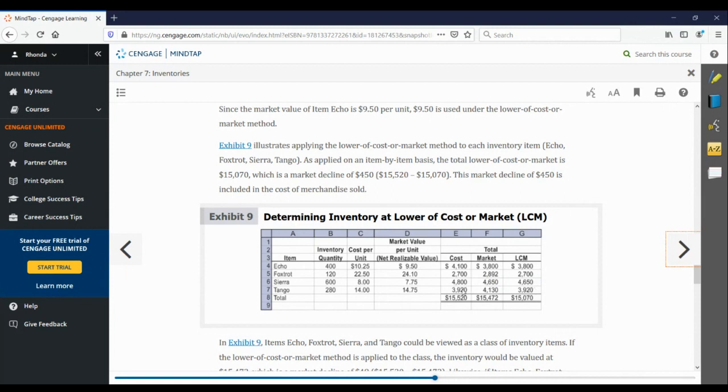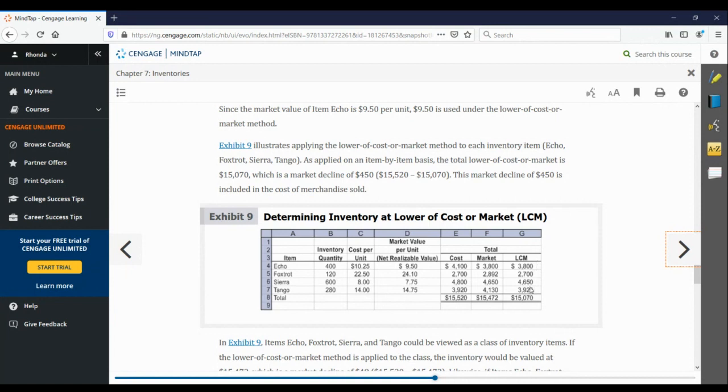For the Tango, the cost is $3,920, but the market is $4,130. So the lower of these is $3,920. That's what you would choose. Remember, this column is for when we're valuing each item of inventory separately, looking at which is the lower of the cost or market.